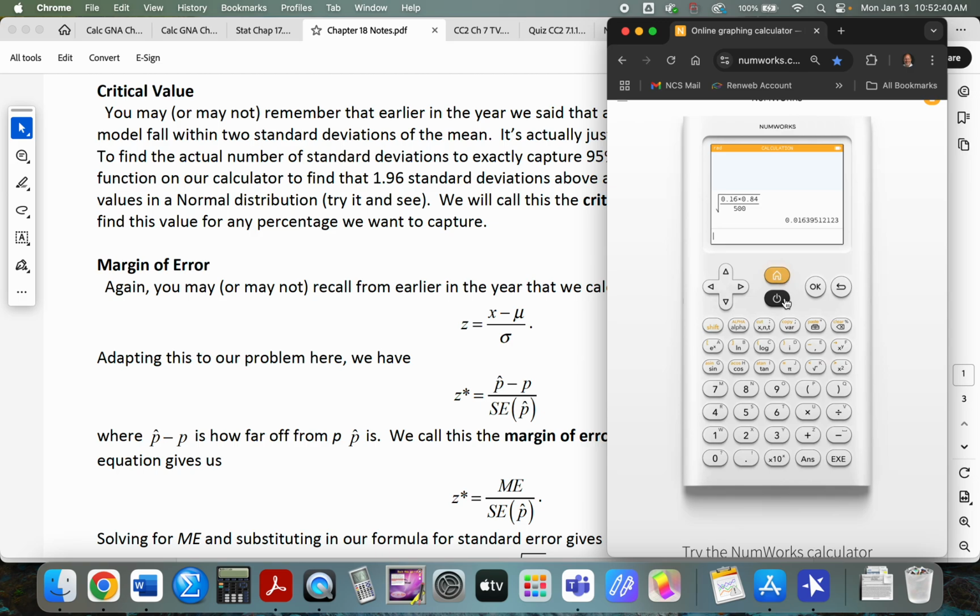I'm using this one. All right, so we'll go to distributions. 15. We want a normal distribution. Normal. And let's do this like it was a z-score, right? That's the easiest way to do how many standard deviations. So the mean is 0 and the standard deviation is 1.